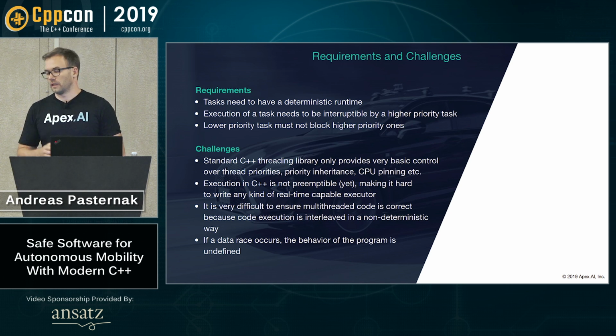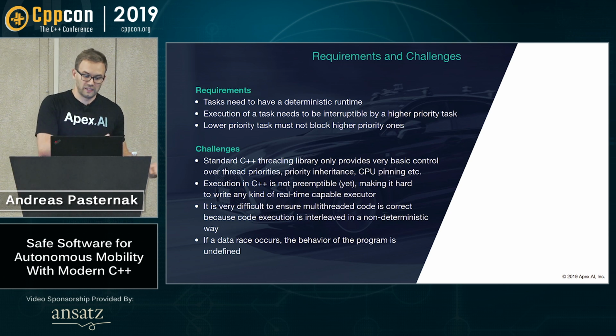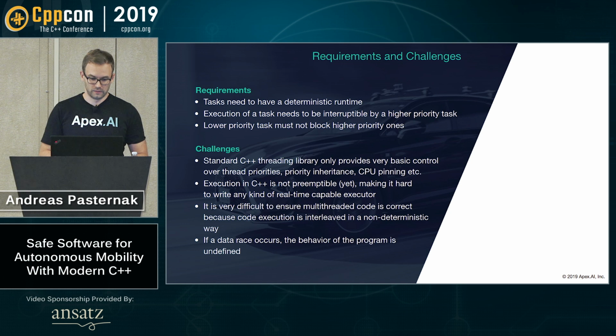For example, everyone has maybe heard about the Mars Pathfinder, which ran into exactly this problem, where a lower priority task blocked a higher priority task and made the Mars Pathfinder crash constantly, and they had to fix that while the Pathfinder was on Mars.